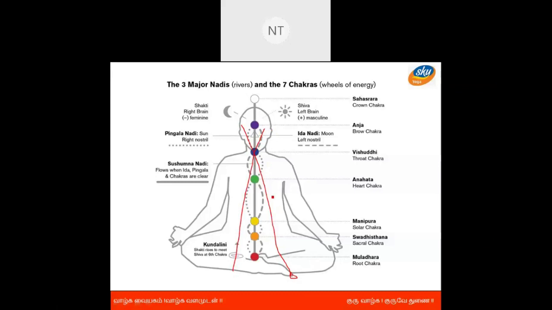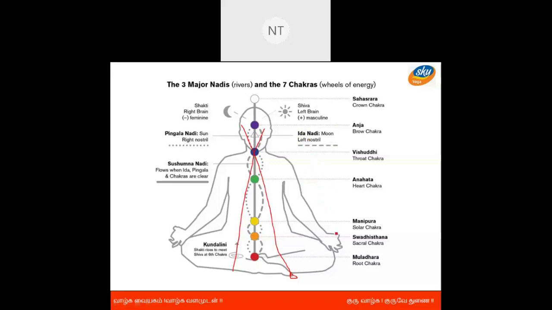So if you start controlling, if you clean all this path, this is the path basically. This is not a nadi. The whole area is only virtual. So if you use this pranayama, nadi shuddhi, it will cleanse the roots.